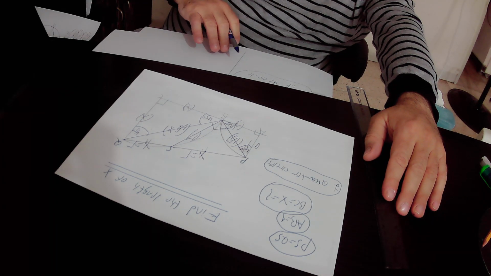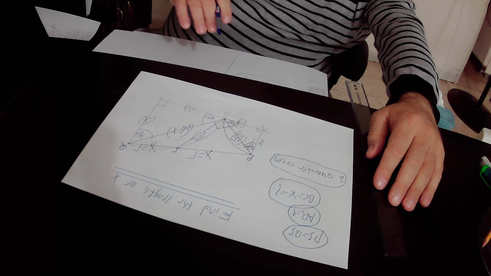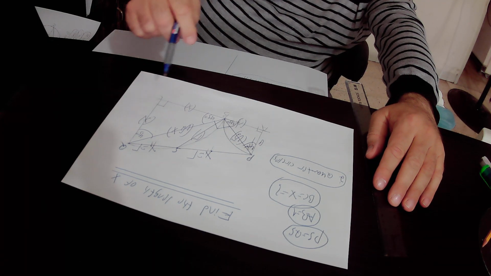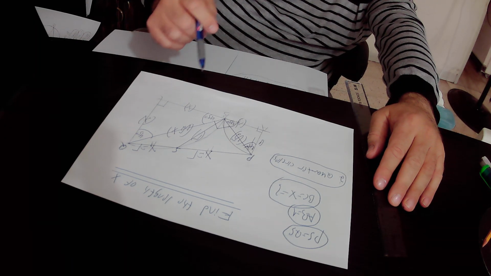So, in the next step, I'll copy the big quarter circle to a new page, and then we'll complete this big quarter circle to a circle.